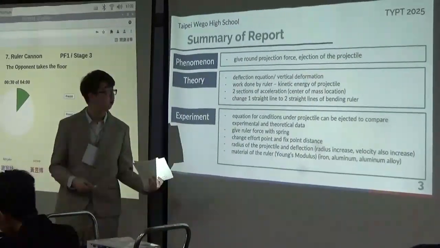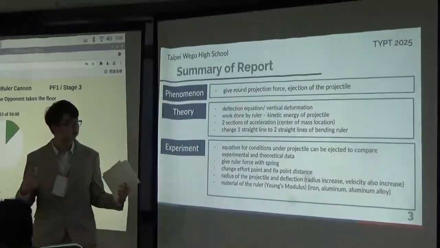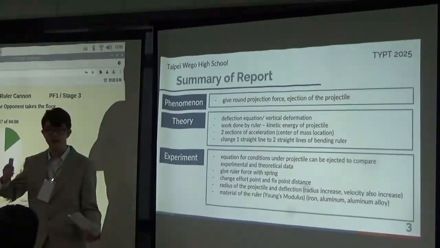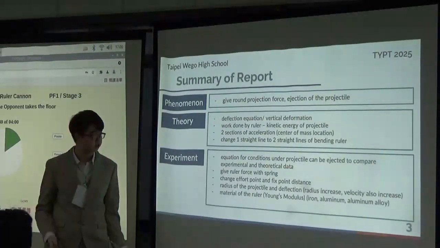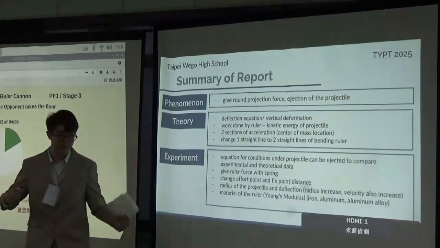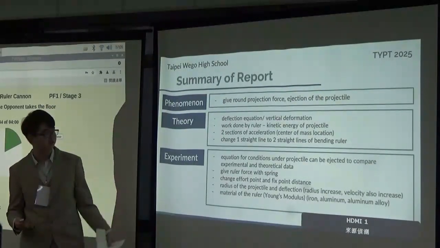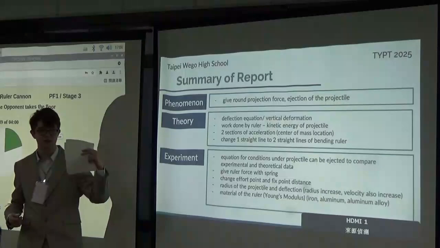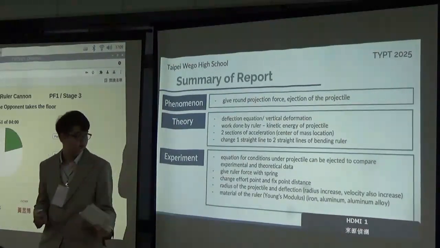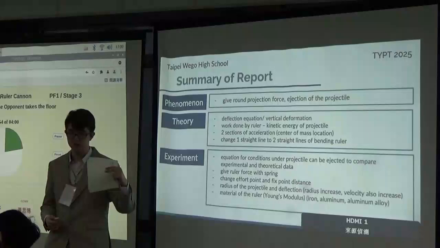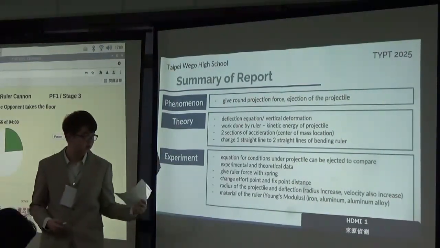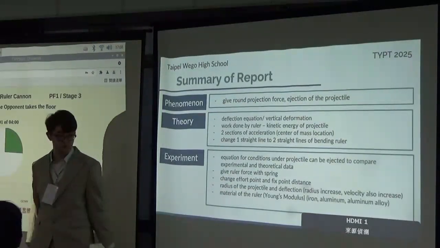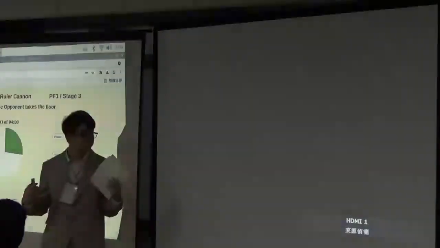They use a series of deflection equations, vertical deformation, and also F=ma, where a has two sections of acceleration using the center of mass location. Their experiment uses a setup that measures the force using springs, and during the experiment they change the effort point and the fixed point distance, and it also changes the radius of the projectile and the material of it.